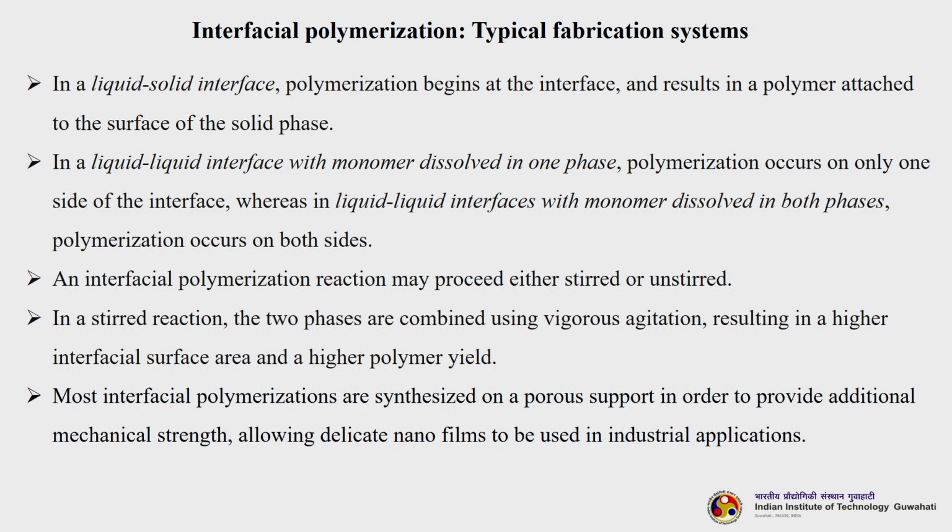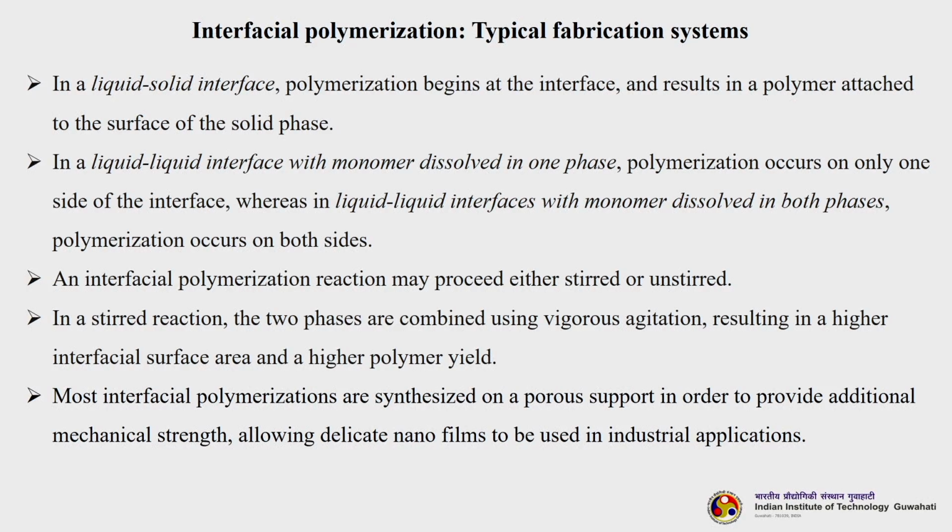In a liquid-solid interface, polymerization begins at the interface and results in a polymer attached to the surface of the solid phase. So, this is a solid interface. Let us say I have a polymeric support material, a solid material, over which I will carry out the polymerization reaction. I will pour my desired amine as well as the acid chloride on the surface of this solid support, and the polymerization reaction will happen at the liquid and solid interface.